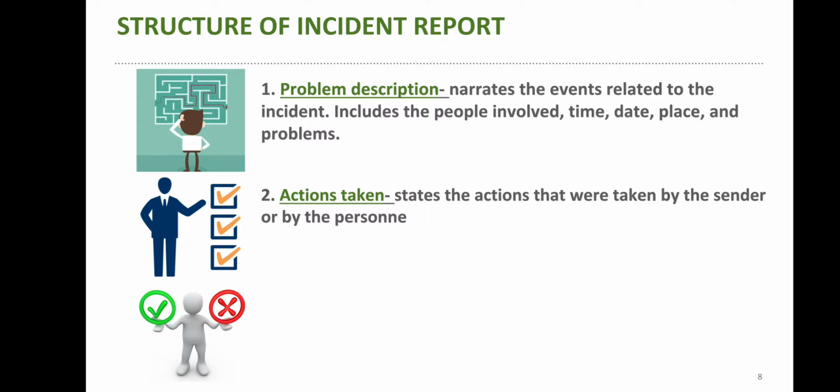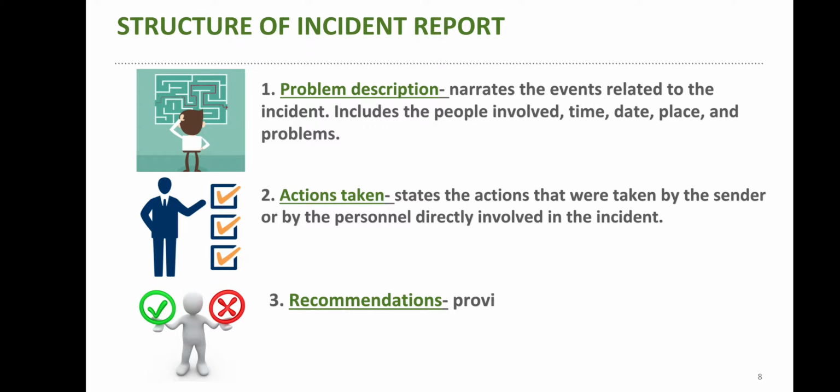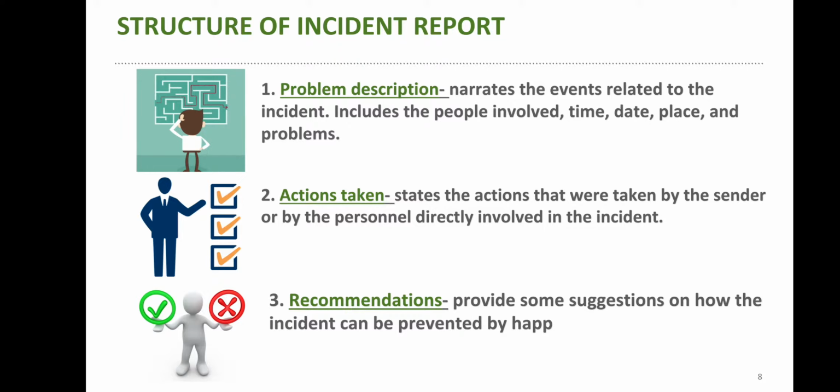In the actions taken, this is where you state the actions that were taken by the sender or by the personnel directly involved in the incident. And we have the recommendations. Under the recommendations, it is where you provide some suggestions on how the incident can be prevented, handled, or avoided from happening again. That is for recommendation.